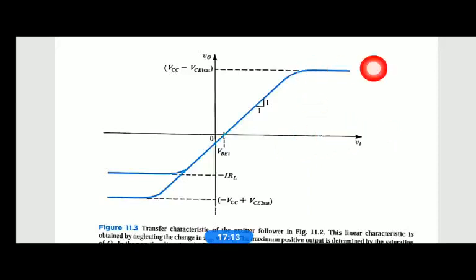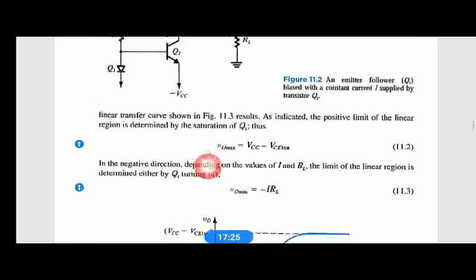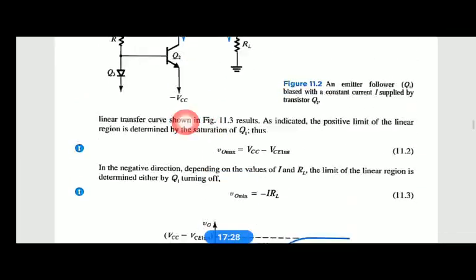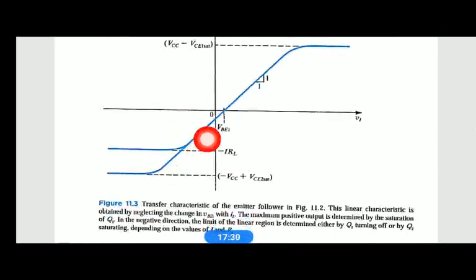The minimum you will get is minus I into RL in the circuit. If you further increase this biasing current I, you can take this minimum range below minus I RL.